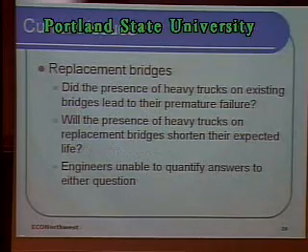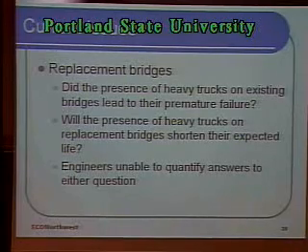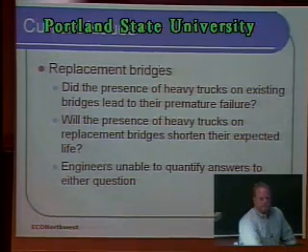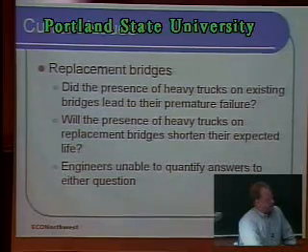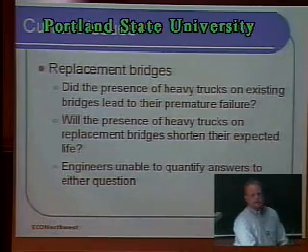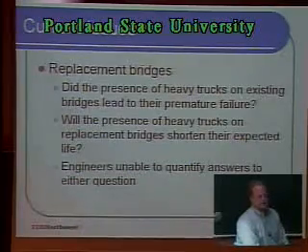In the current study, there are several issues that are getting a lot of attention. One of them is the allocation of the cost of replacement bridges. In the federal study, they treated replacement bridges differently than new bridges, looking at the portion of replacement bridges that were replaced in order to serve heavier trucks.